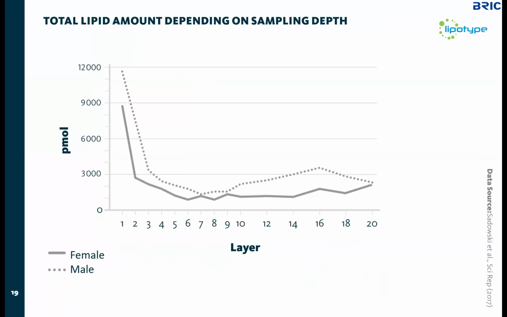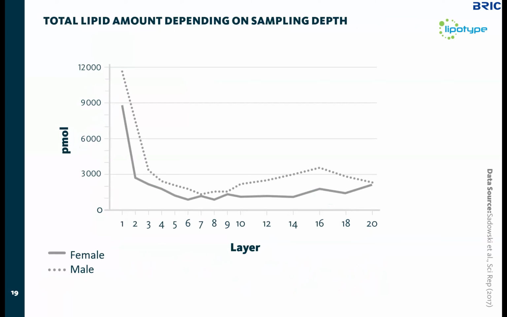There has also been a variation depending on the sampling depth. Remember, there are 15 to 25 layers of corneocytes that are available for sampling with this method. And in this study, the sampling was conducted up to 20 layers of depth.